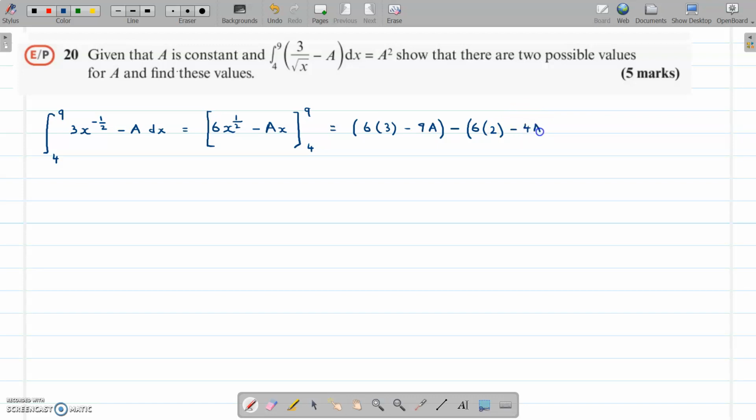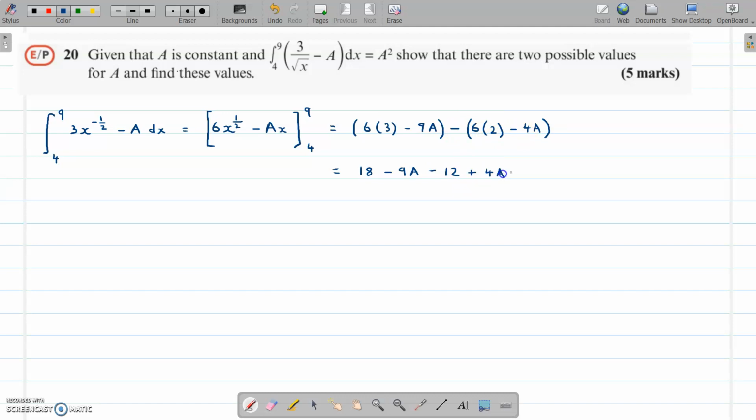So when we simplify that, we obviously get here 18, take away 9a, take away 12, and of course it's going to be plus 4a.